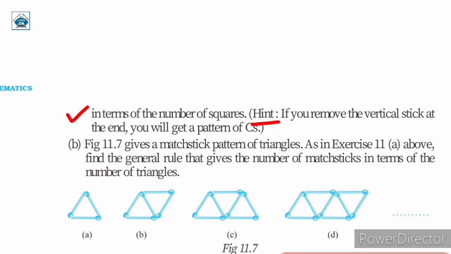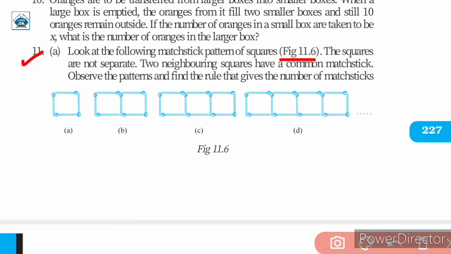Hint: if you remove the vertical stick in the end, you will get a pattern of C's. So here in this question, in the first part, we are given some matchstick patterns that make squares. So in the first figure, we have one square.